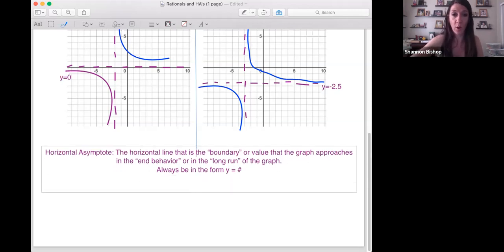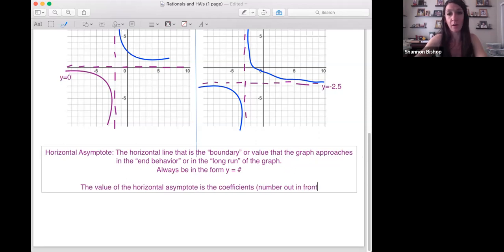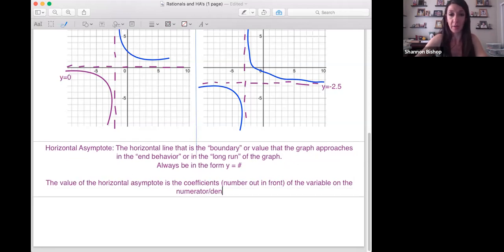And then the value of the horizontal asymptote comes from the coefficients. When we say coefficients, what that means is the number out in front of the variable on the numerator and denominator.